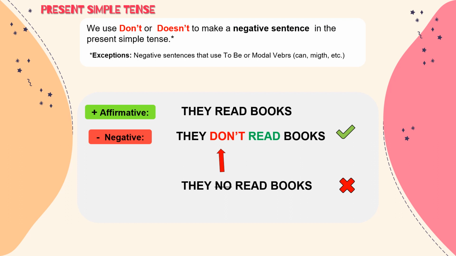Note: we use don't and doesn't to make a negative sentence in the present simple tense, but there are exceptions. Negative sentences that use the verb to be or modal verbs like can, might, etc. do not use don't and doesn't. What is the difference between don't and doesn't?